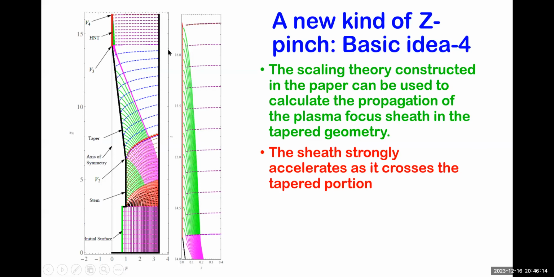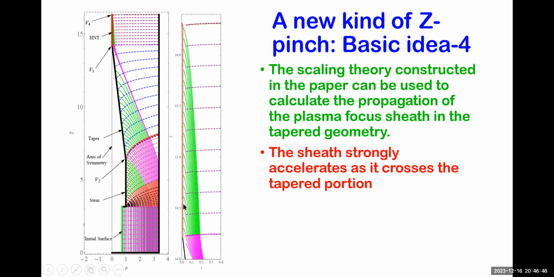This figure shows a detailed view of the hypodermic needle tube portion. You see that the surface is very strongly curved. This is because the current is flowing from the anode in the hypodermic needle tube and returning via the plasma here.